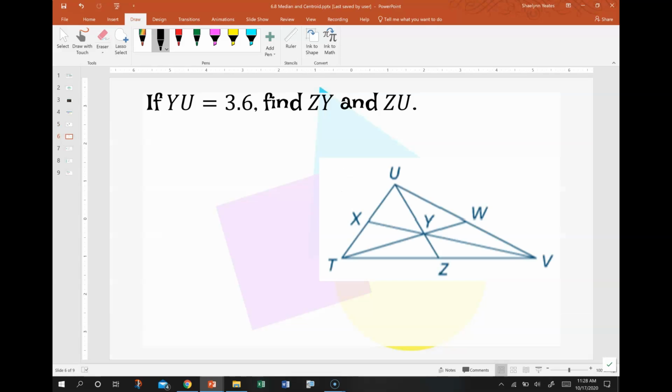Okay? Now we're going to practice this 2/3 rule. So right here it tells me that YU, so this, is 3.6. Now I need to decide, is that the whole line? So 3 parts go to the whole line. Is it 2 parts, which goes from the vertex to the center?